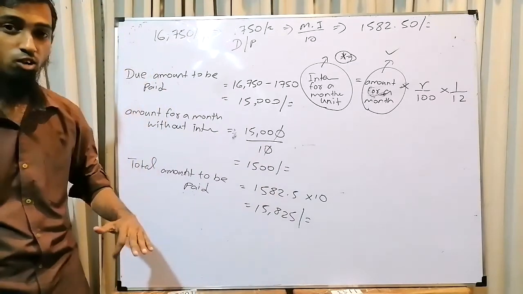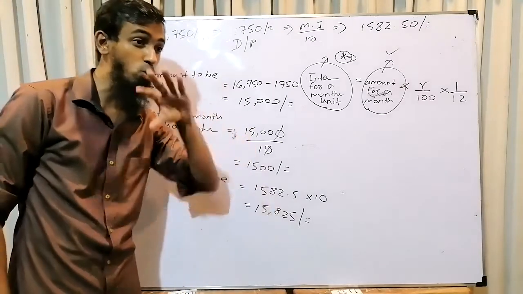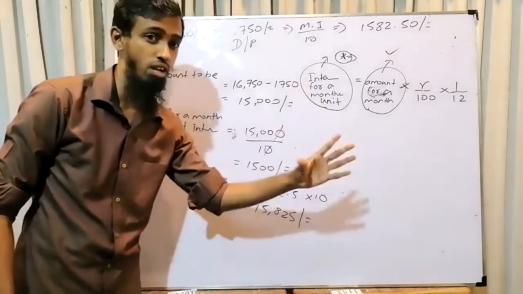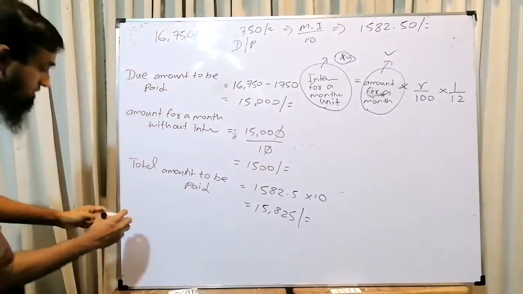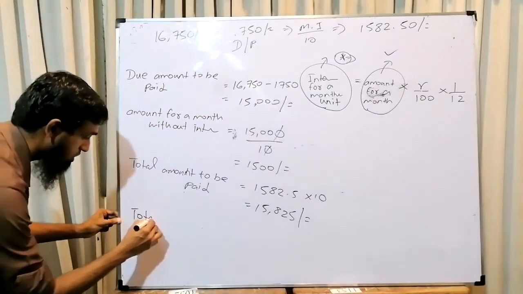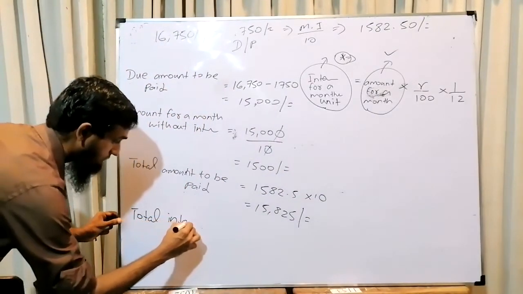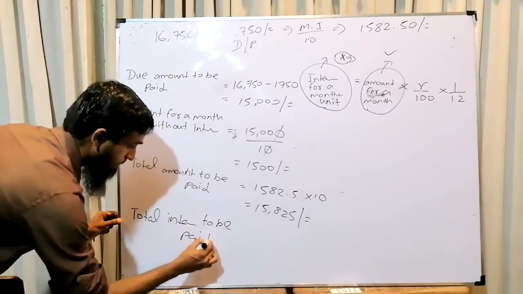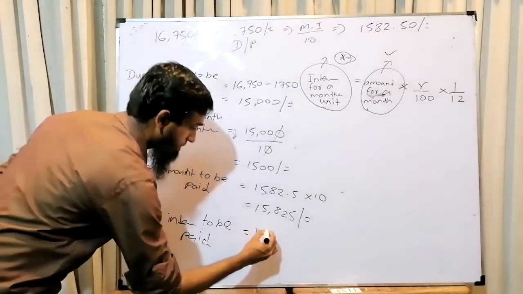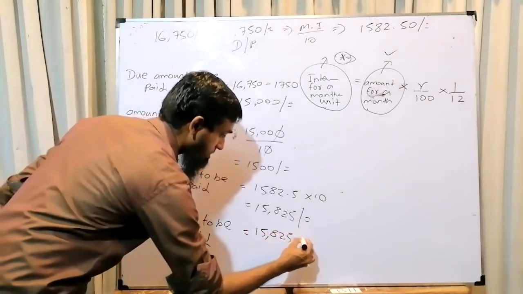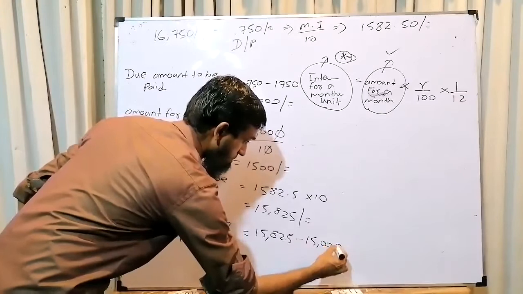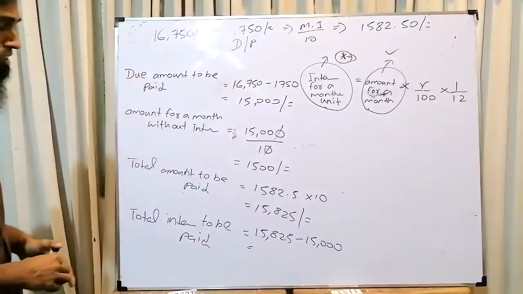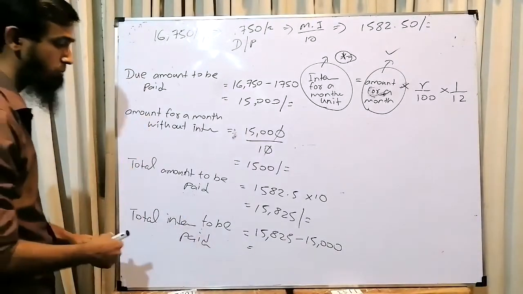So we can calculate the fifth one, total interest to be paid, in reverse. So next, total interest to be paid. 15,825 minus the due amount, total amount to be paid minus the due amount.